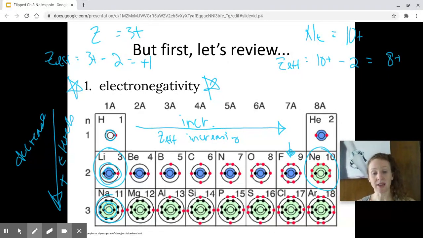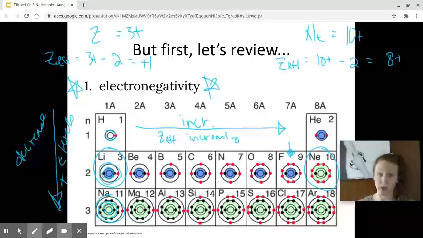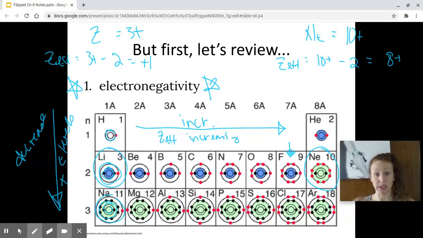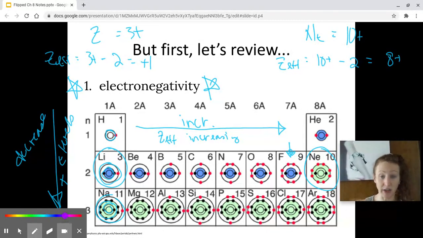Again, let's look at the periodic table as a whole and look at what kind of things have super high electronegativity and what kind of things have super low electronegativity. If something has a really high electronegativity, it's going to have a really high Z effective, and it's going to be very small, because charge is going to increase electronegativity.